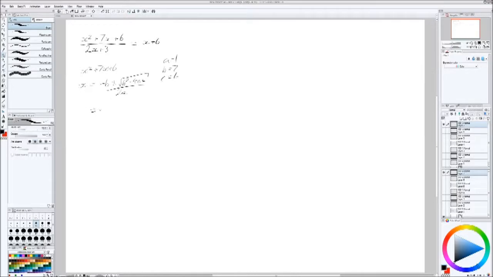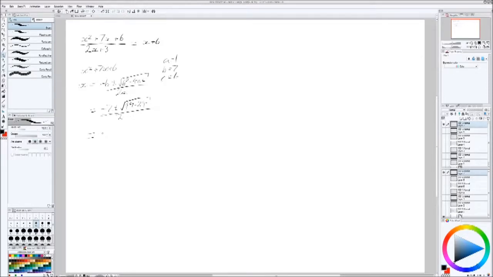So we have negative b, so negative 7 plus minus the square root of, now 7 squared is 49, 49 minus, now 4 times 6 is 24, so 24 all over 2a, just 2 by itself because a is 1.